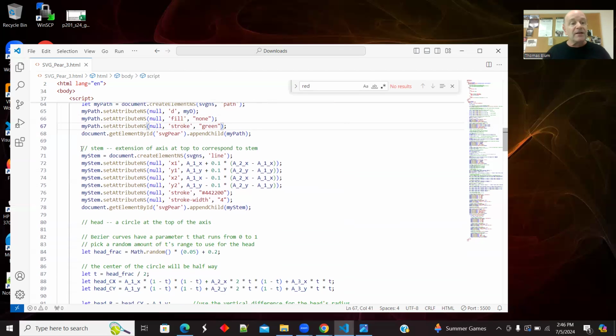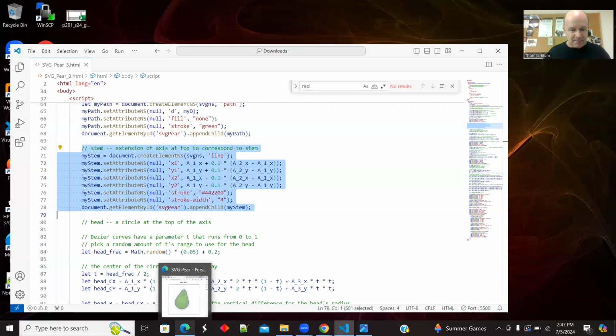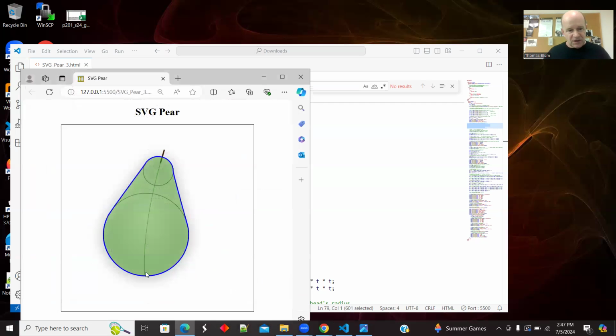Now I did take those points, especially the A1 and A2, and go a little bit beyond my axis, a little bit below my top and a little bit above my top, but along the direction that I have at the top, and I use that to make my stem. So you see here this green line was that axis.